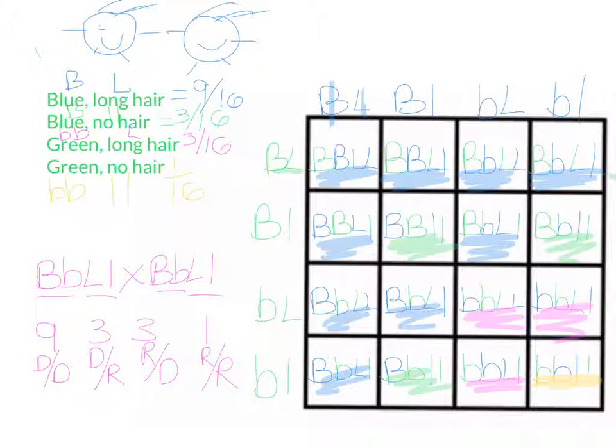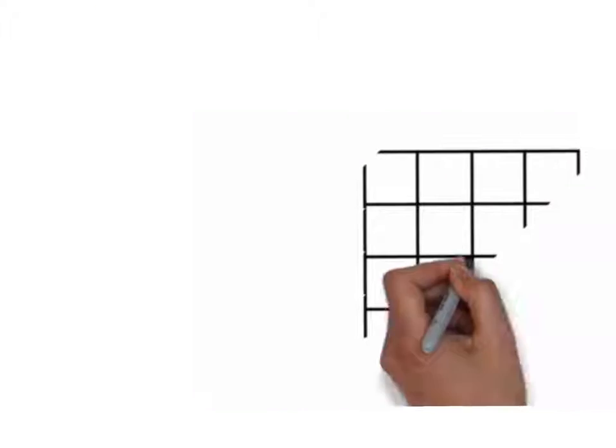So you actually never have to do this Punnett square if you remember the 9, 3, 3, 1 ratio.